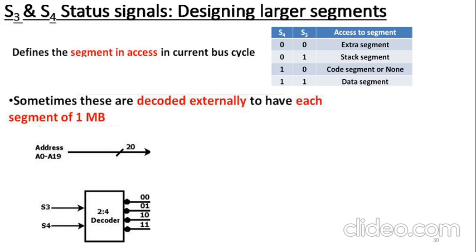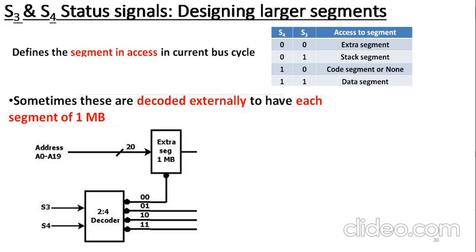Then above that 2 to 4 decoder, the address A0 to A19 in a completely demultiplexed manner, means separated address part, which is shown here, that is of 20 bits. You can observe here that this 20-bit address bus 0 to 19 is connected to the first segment, that is the extra segment of 1 megabyte.